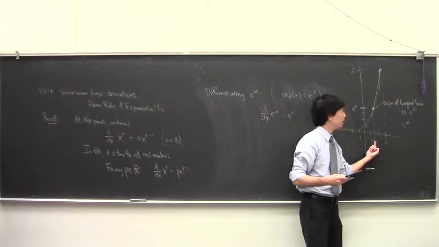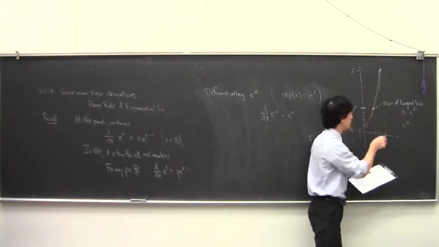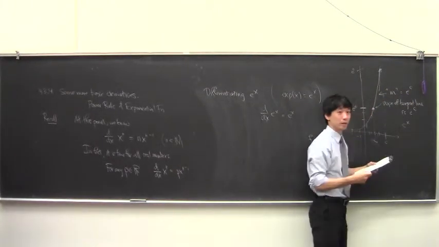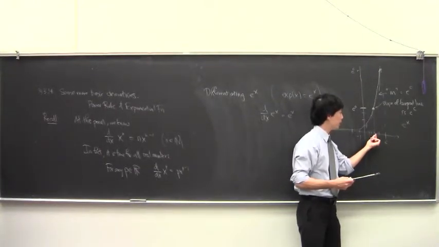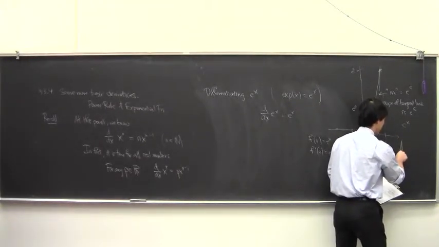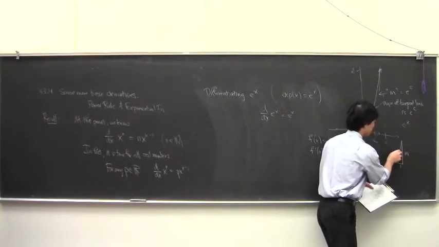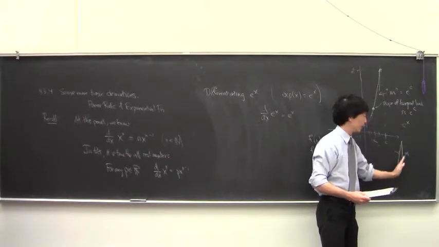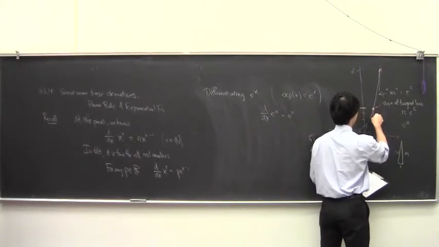Okay, so at time c, the height is e to the c, right? The slope of the tangent line is e to the c, right? So the slope of this line, m, is e to the c. If you draw a right triangle, it would look like this. I'm going to draw that right triangle here.